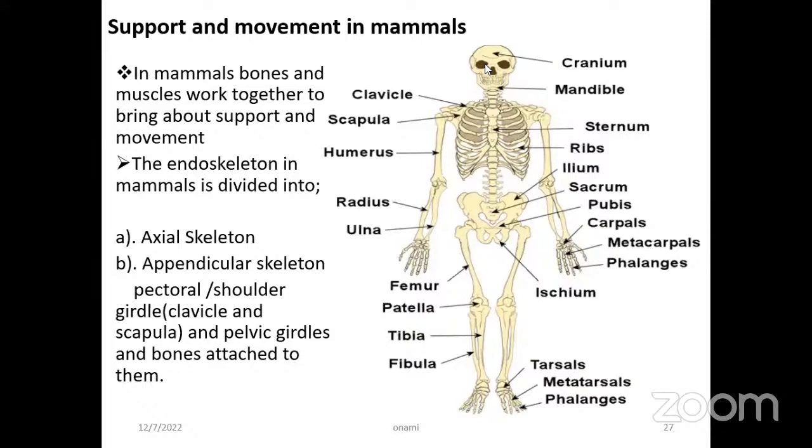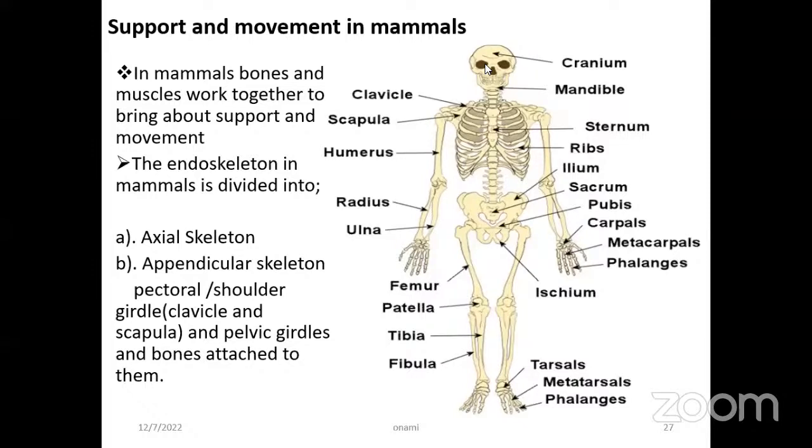We'll talk about the ribs, the rib cage, and this bone here called the sternum. We'll talk about the limbs, which are the hands and the legs, and the various bones that attach them to the rest of the body, which, as Madam told you earlier when you were talking about fish, the pelvic bone and the pelvic fin, which we'll talk about as the pelvic girdle.